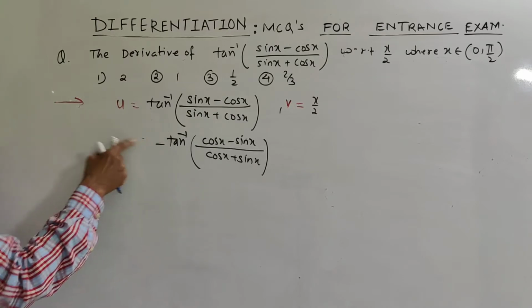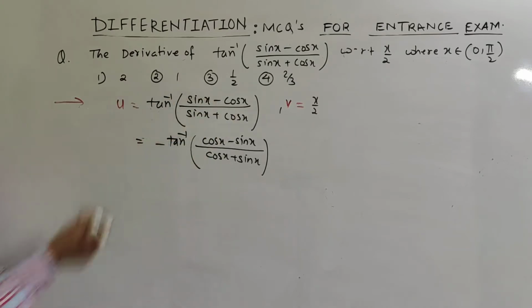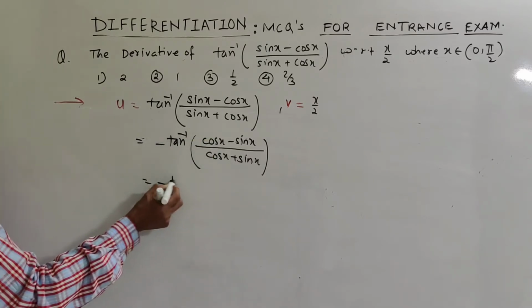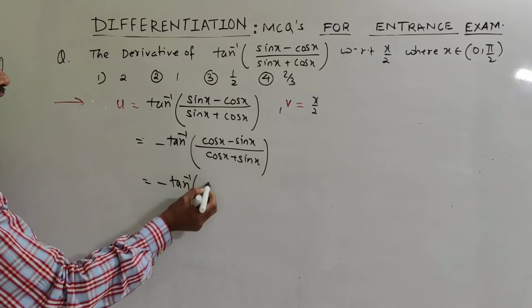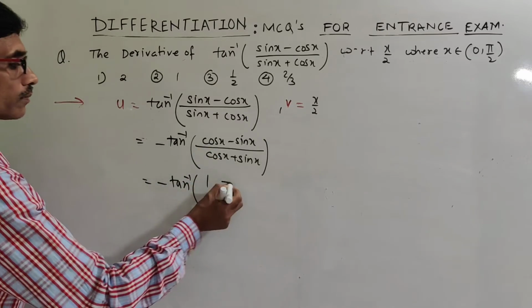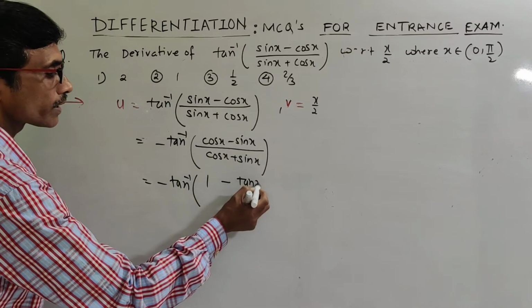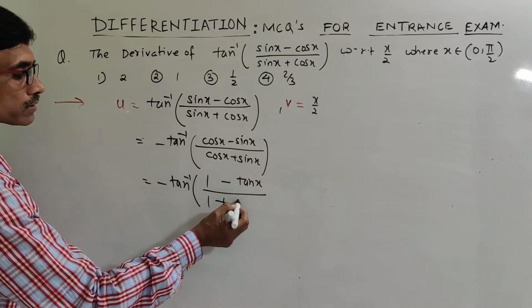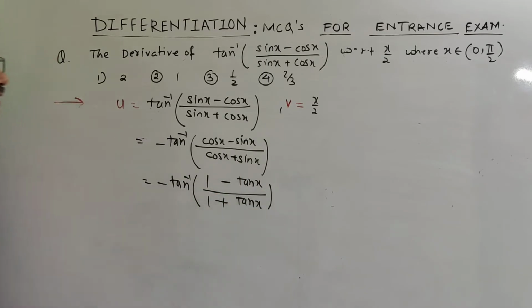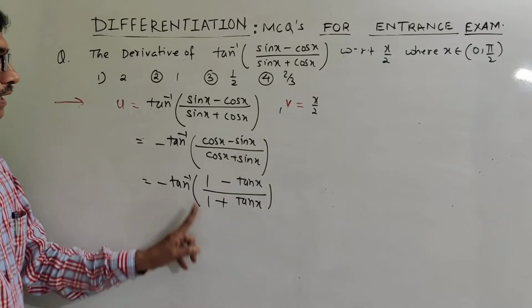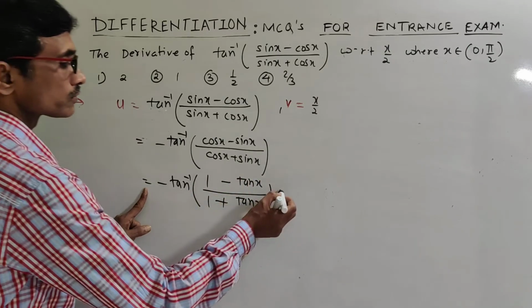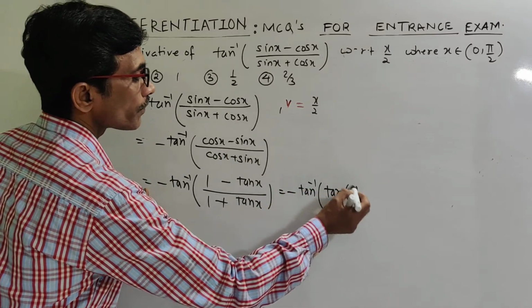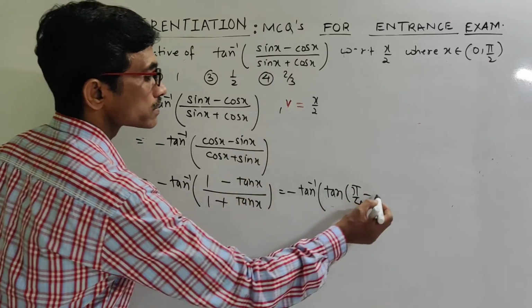Dividing by cos x over here, minus of tan inverse of 1 minus sin upon cos, that is tan of x, and 1 minus tan upon 1 plus tan, that is tan of pi by 4 minus theta. So which is minus of tan inverse of tan of pi by 4 minus x.